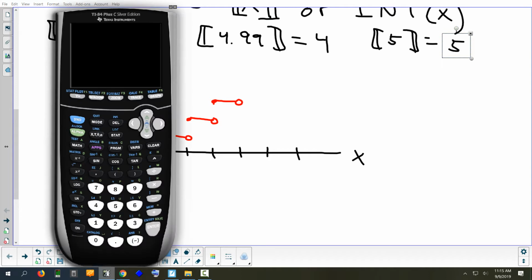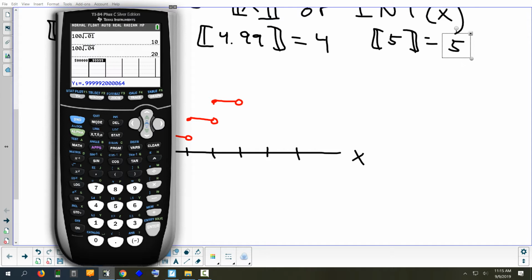Great. So on the calculator, it's actually very simple. If you have anything else under y equals, you can clear it. Then press a couple buttons. So you go to math, and let me find it before I tell you. Yeah. So go to math, then go over to number, and it's the 5th option down, int.